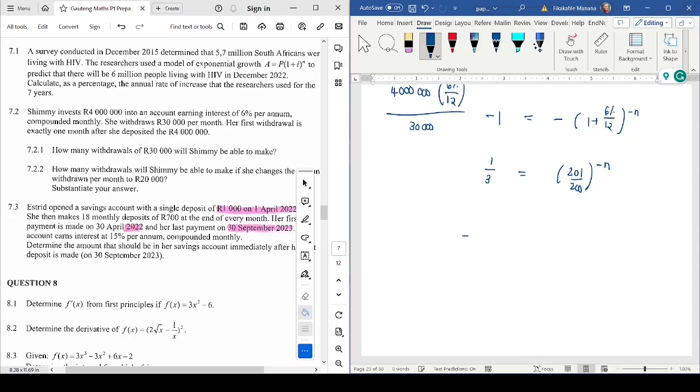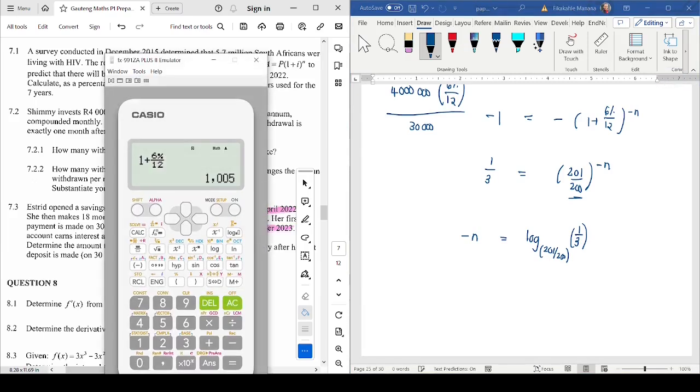So negative n would be equal to log. This is our base, 201 over 200. And we have a third there. Maybe it would help if you put it in brackets, it's really up to you. But let's go to a calculator and see what that log is.